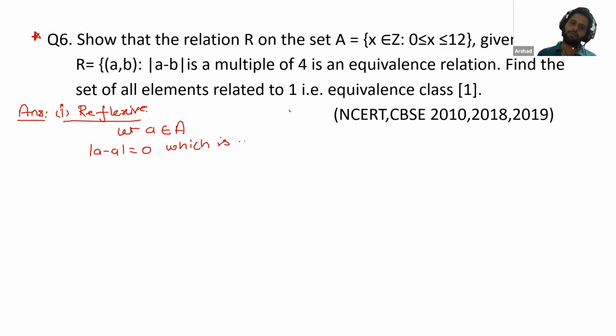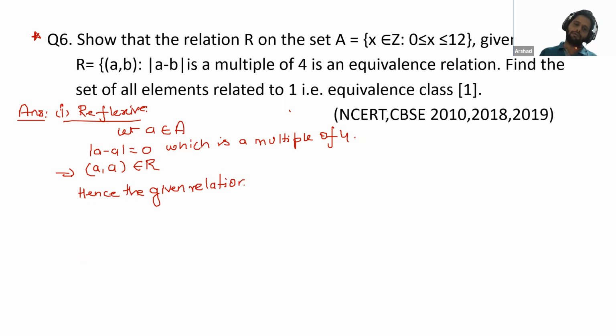Now this means (a, a) belongs to the relation R. a belongs to the set A, and a minus a is 0, which is a multiple of 4. So that means this belongs to the relation R. Hence the given relation is reflexive.